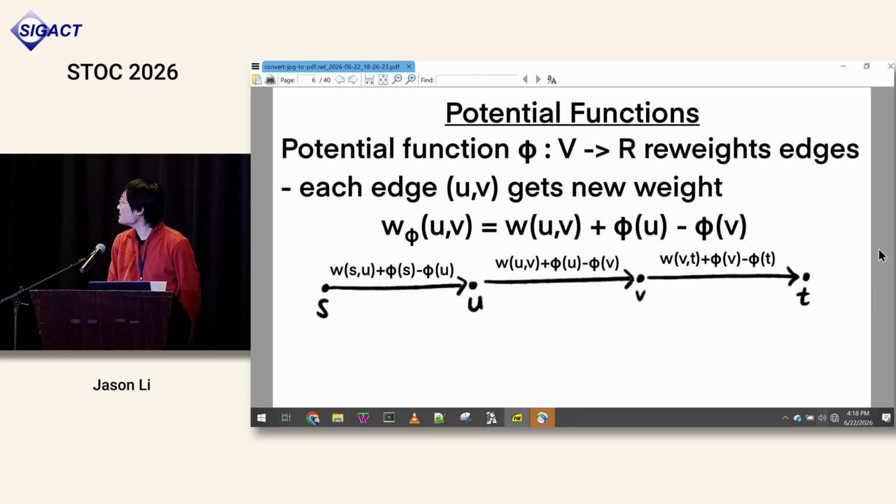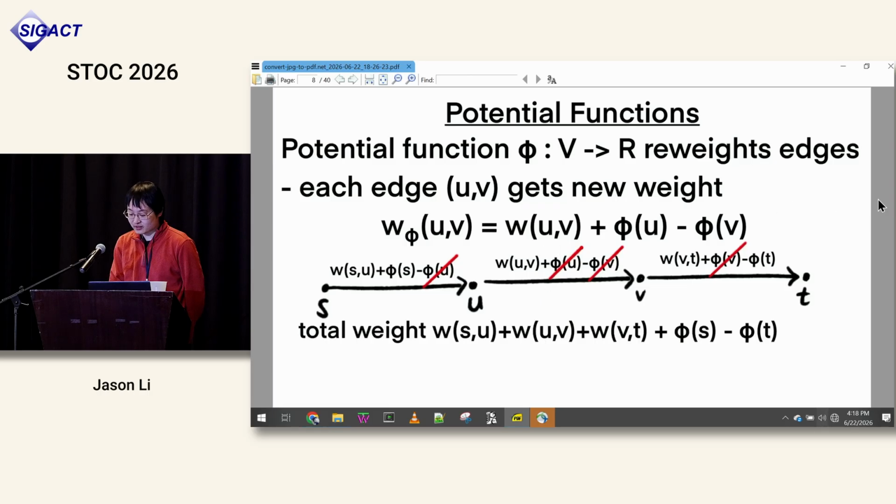Okay. So why is this useful? Consider two vertices s and t, and consider a path from s to t. Let's look at the new weights on the edges, and let's sum the weights. Notice that the sum of the weights telescopes, in the sense that the minus phi u here cancels with the plus phi u from the next edge.